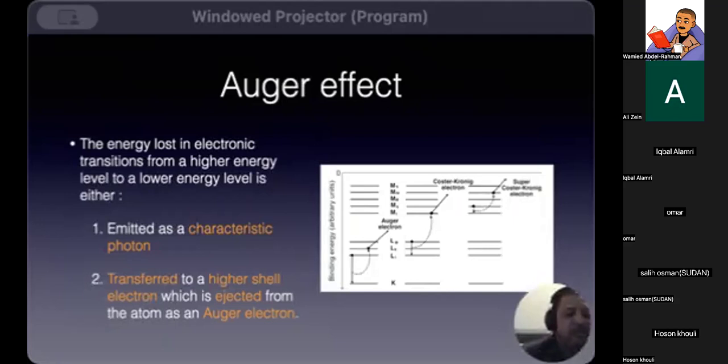When that other electron receives this energy, it is going to be ejected from the atom, and this electron is known as an Auger electron.